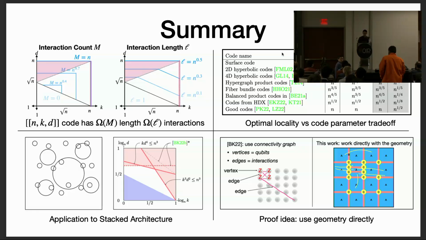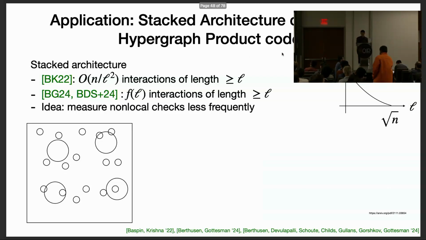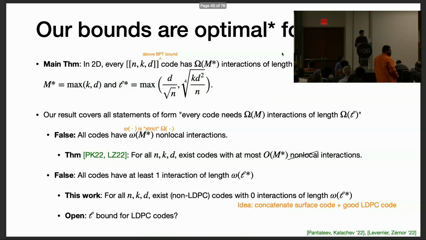I forget exactly what the parameter is, but if you're close to the BPT bound, the surface code is the whole code. And as the parameters NKD get bigger, the LDPC code is bigger. And in between, it's proportional to how far away from the BPT bound you are.